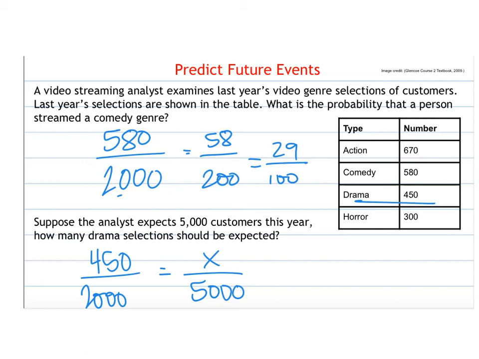Well, we just set up a proportion that we can now use, we can cross multiply in order to solve. So I multiply 450 times 5,000, which would be 2,000x equals, I just used a calculator for this. Divide both sides by 2,000 to solve for x.